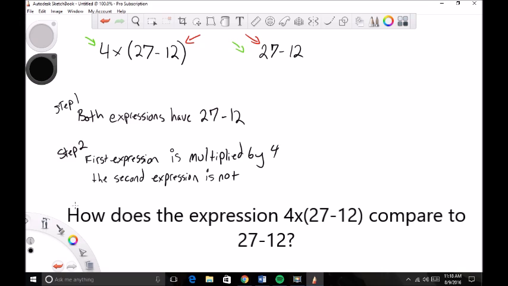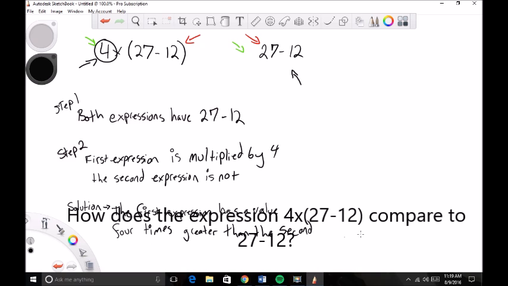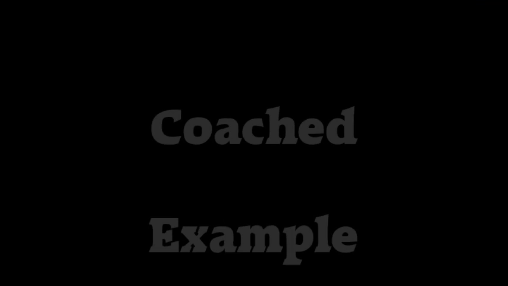So, in the end, would it make sense to say that the first expression, the value of that is going to be 4 times more than that expression? Of course, because it's the same thing, but multiplied by 4. All right, that's good enough for that one.